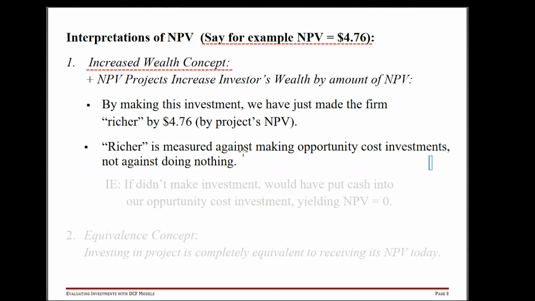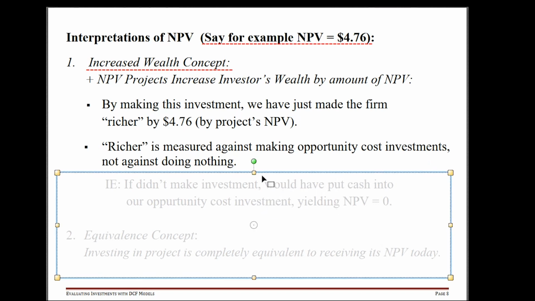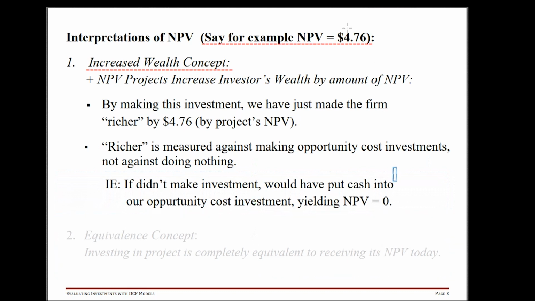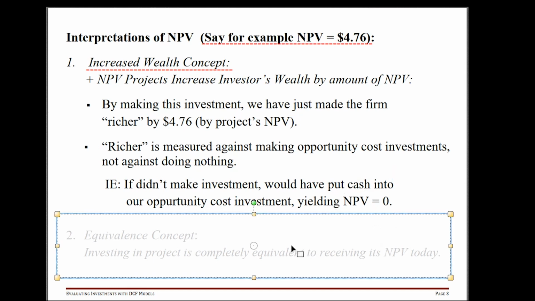It's measured against putting the money we had for the project into our opportunity cost investment instead, not against doing nothing. Specifically, if we didn't make the investment in this project, we would have put the cash into our opportunity cost investment and enjoyed an NPV of 0.